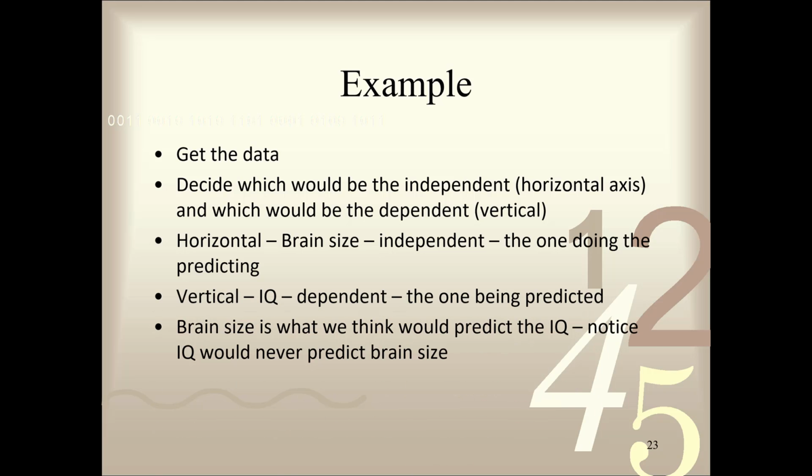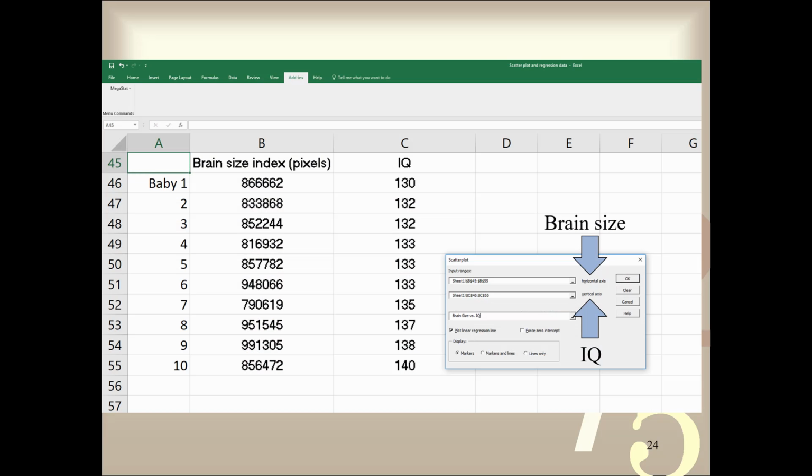That'll be the dependent variable, the one being predicted, the one dependent on brain size. I had this data from 10 babies. The brain size index was recorded in pixels and IQ later on in life. So brain size would be on the horizontal axis and IQ on the vertical axis. And again, I can label that brain size versus IQ, which is typically what I do for a scatter plot.